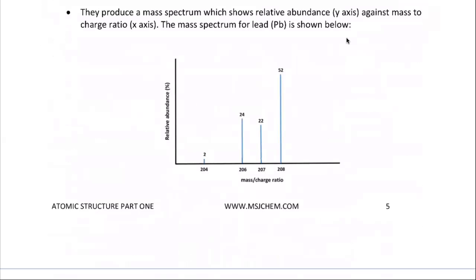There's a couple different ways the problems might be presented to you. They could show you a graph like this one, and you need to know how to read or interpret this graph to get the information. To calculate relative atomic mass, it's a weighted average, so what I always do is the percent times the mass, for each isotope.